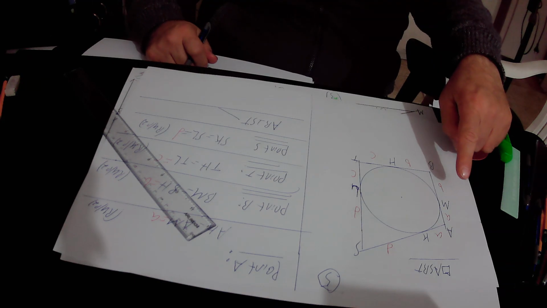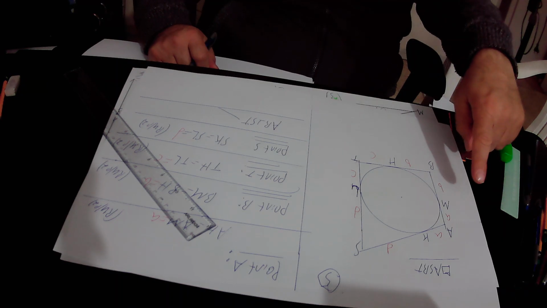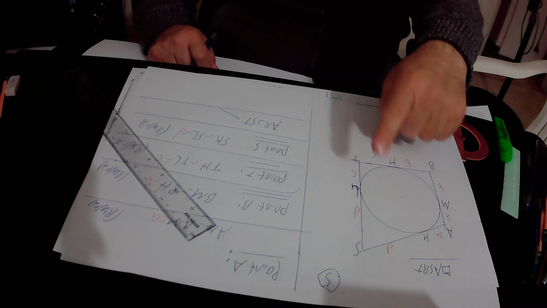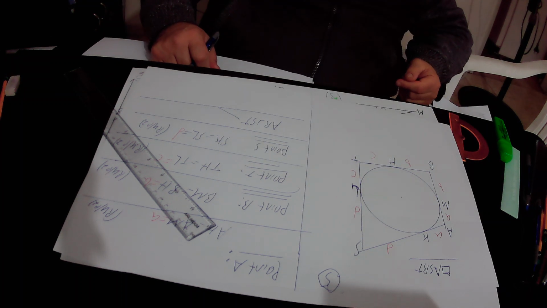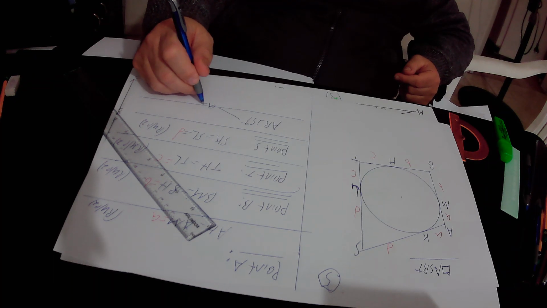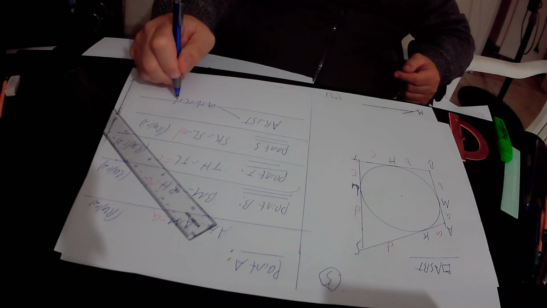It is very easy to see that AB plus ST equals AB, that is A plus B, plus ST, that is C plus D. So in total, AB plus ST equals A plus B plus C plus D.